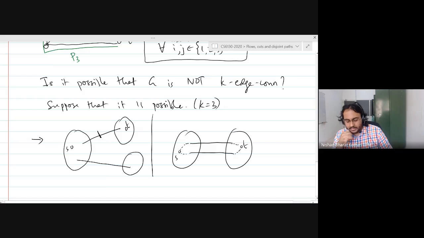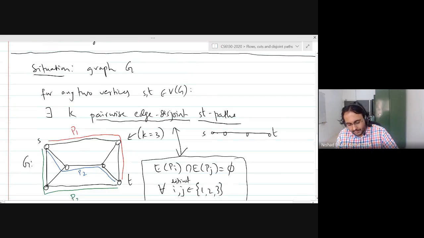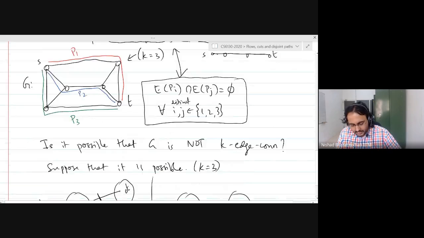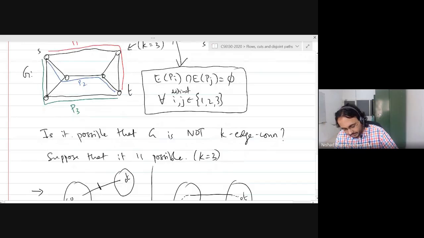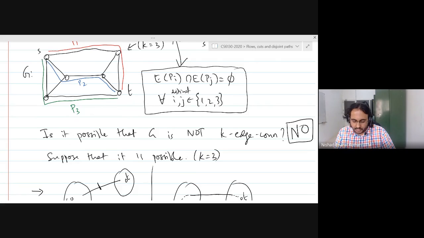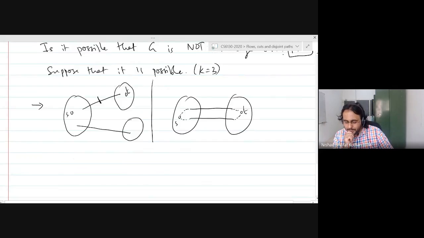In other words, whenever this condition is true, you cannot have that the graph is not k edge connected. Okay, I won't write down a formal proof. You should think about it in case the example was not clear enough.